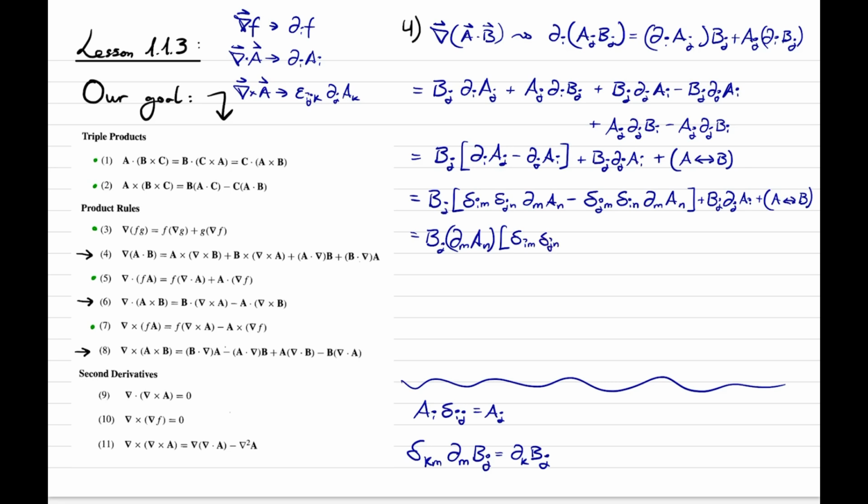So you can check by yourself that, well, I think we have a video, a previous lesson, where we demonstrate a very important identity. And we are going to transform this into the product of two Levi-Civita symbols. We finish copying the rest of the line.